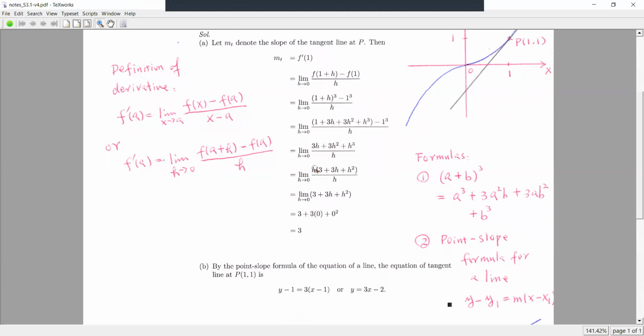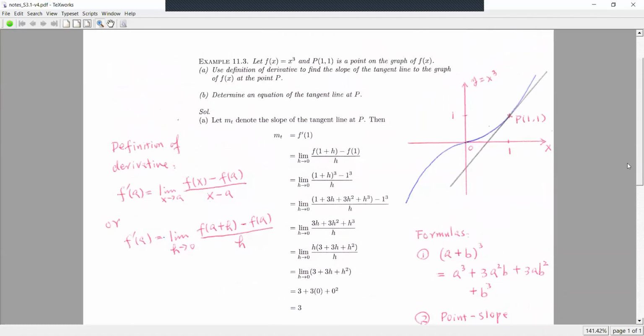Now cancel h, then I have this equation. Now for this limit, I plug in 0 for h, then this limit is equal to this number. This number is 3. So therefore, the derivative of the function f at 1 is 3. And the number 3 is also the slope of this tangent line.